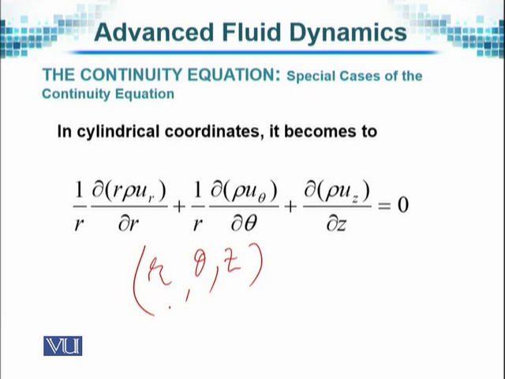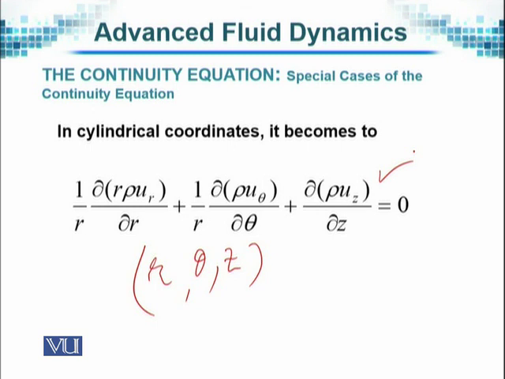So from that calculus information, we write down this equation, and it can be written as 1 over r into d by dr of r rho u_r plus 1 by r d by d theta of rho u_theta and d by dz of rho u_z. Remember, rho is there everywhere because of the compressibility possibility, and this is the equation that we will consider if we have to consider the cylindrical polar coordinates.